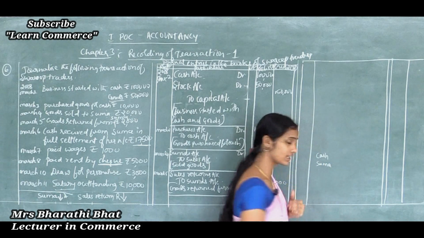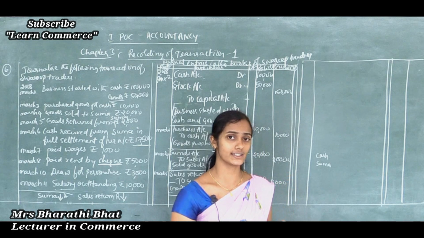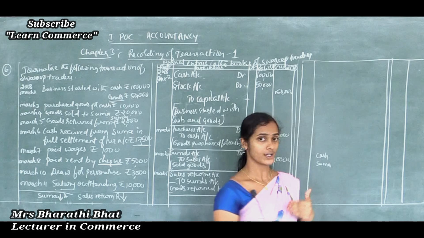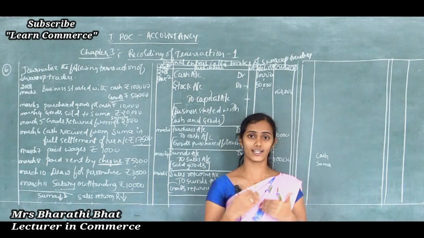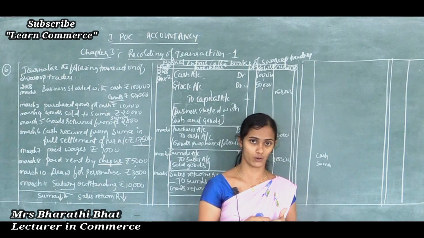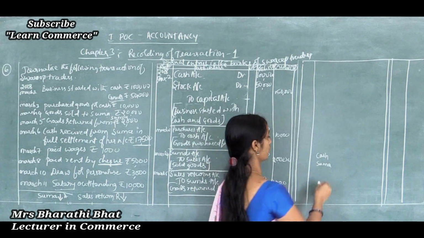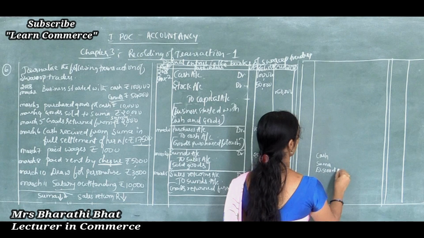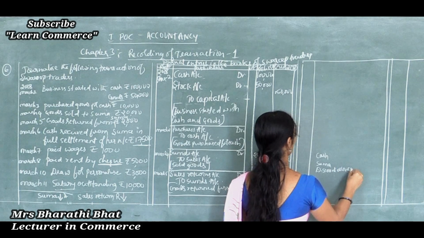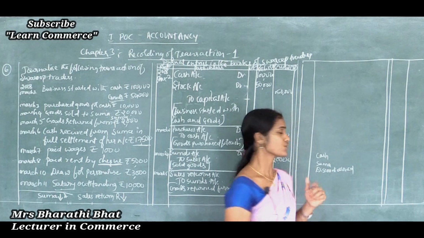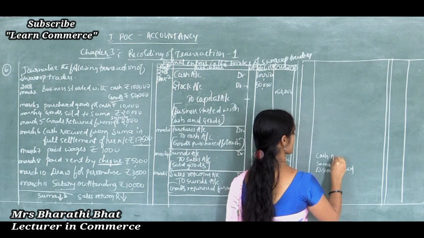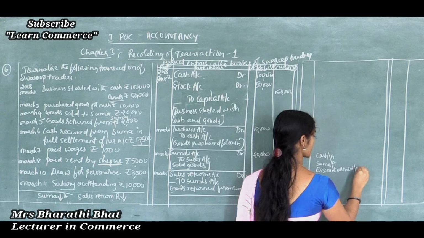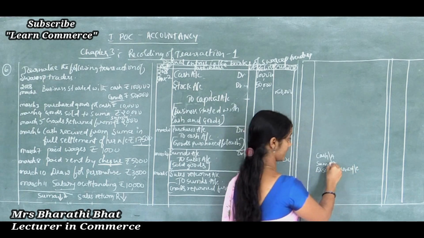Suma is a debtor, but that debtor account is completely reduced because the organization received the amount from the debtor. And after that, discount allowed, which is considered an expense. So cash is an asset, Suma is also an asset, discount allowed is an expense.